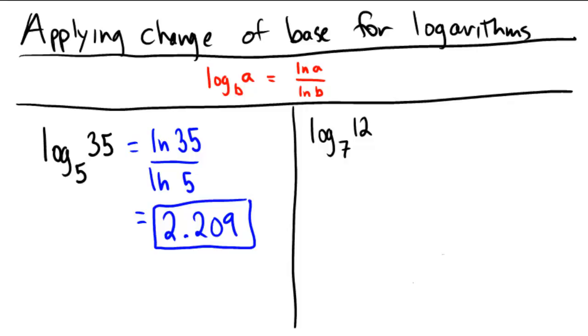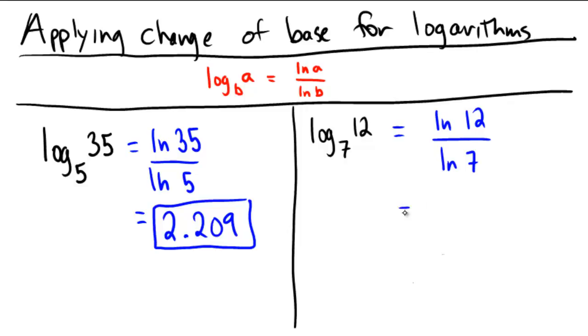How about log base 7 of 12? Notice that 7 to the power of 1 is 7, so it's not big enough, and 7 to the power of 2 is 49, that's too big. So we're expecting an answer that is 1 point something. Let's see what we get: ln of the top number, 12, over ln of the bottom number, 7.